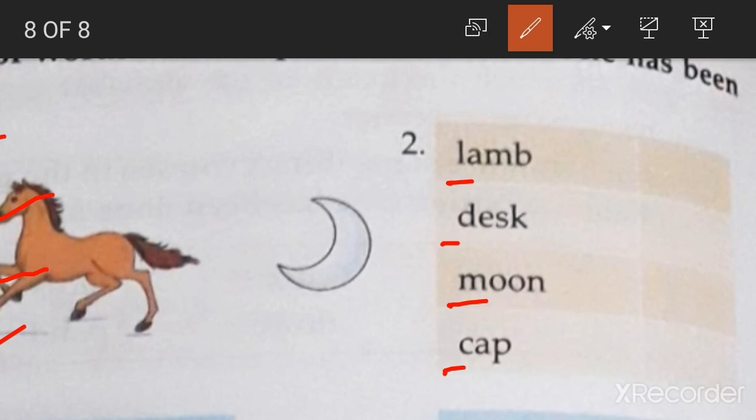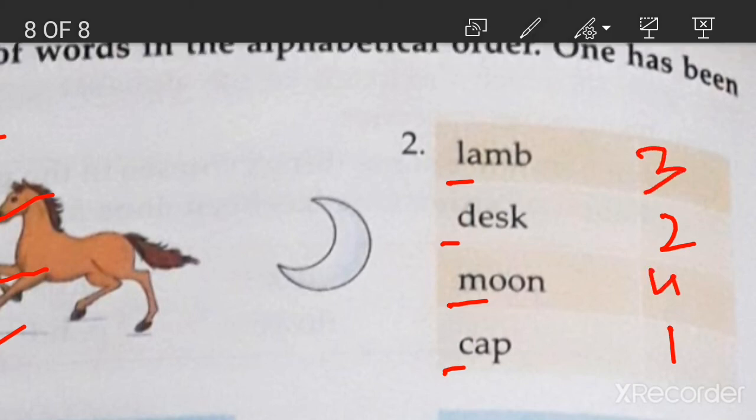A, B, C. C, so cap comes first. A, B, C, D. Desk, number 2. A, B, C, D, E, F, G, H, I, J, K, L. Lamb, 3. This one 4. Okay.